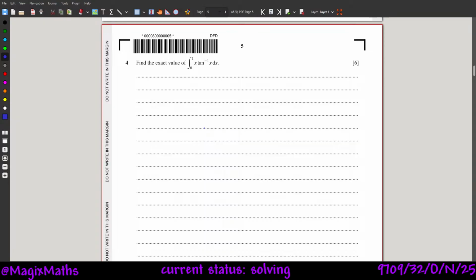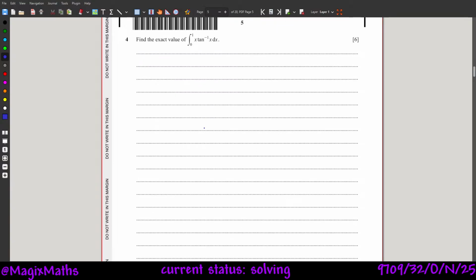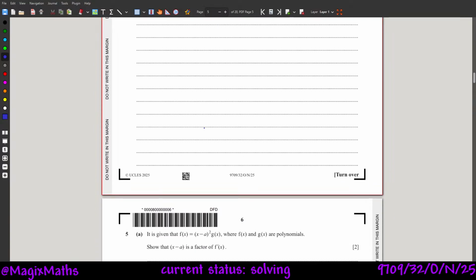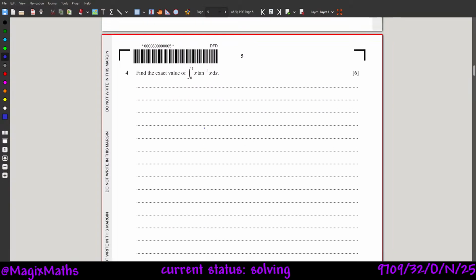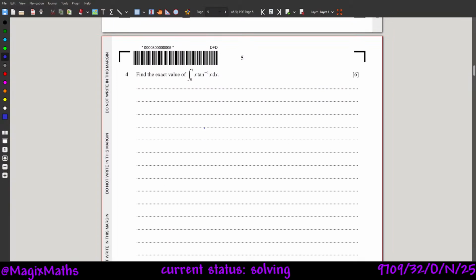A trial paper. All right, let's try to find the exact value of this integration. Do we have any questions after that? No? So just question 4. The first thing is that this is an inverse tangent, so I'm going to refer to our MF19.